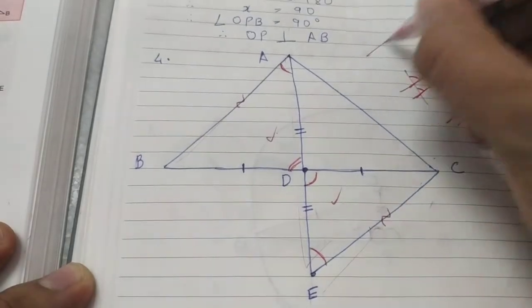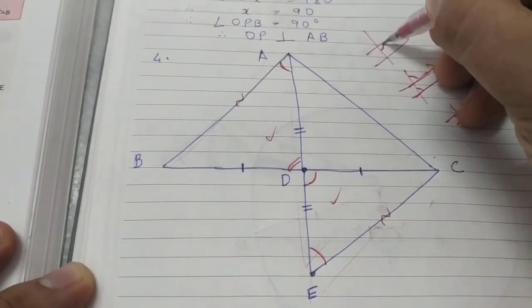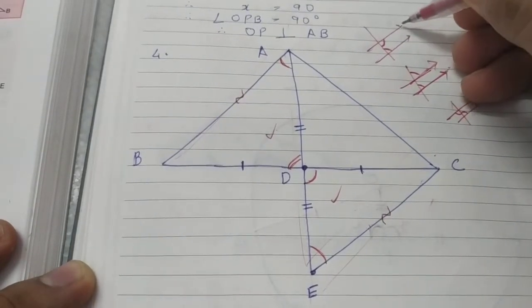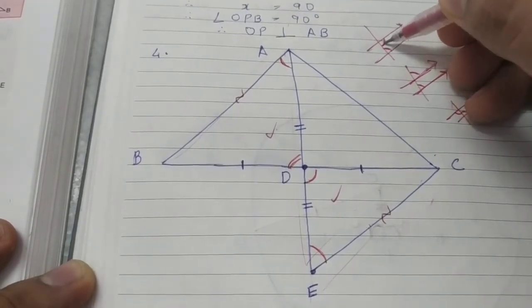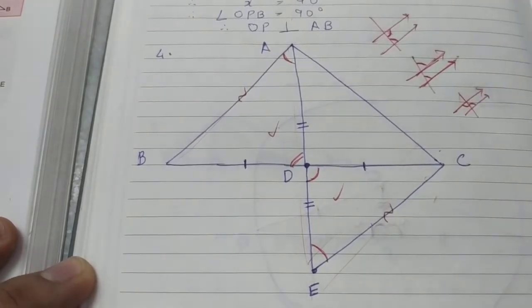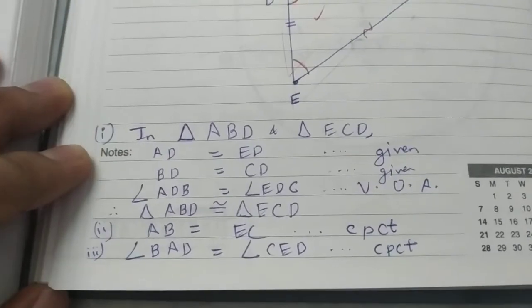And I can also say that this angle plus this angle is supplementary, 180, if they are parallel, only then. Reason? They are co-interior angles or allied angles. So these are properties of parallel lines which are very useful in many geometry chapters. So solution.